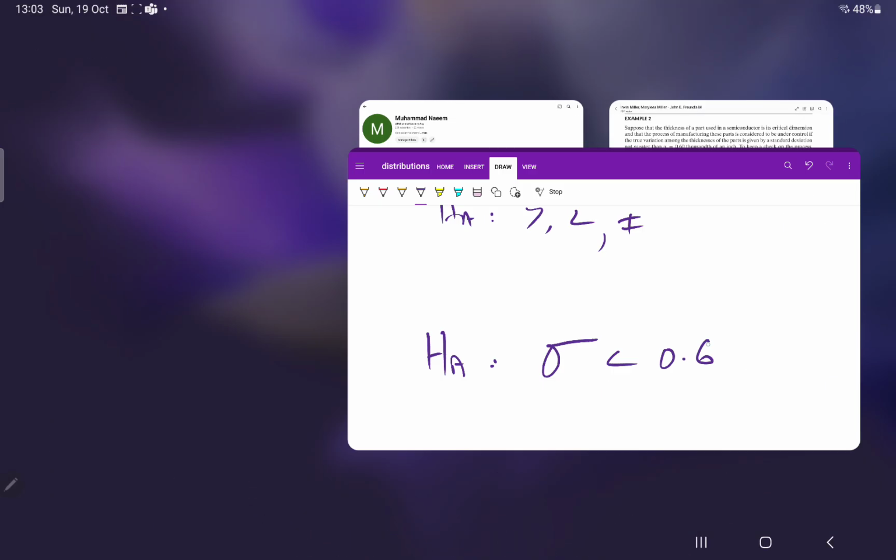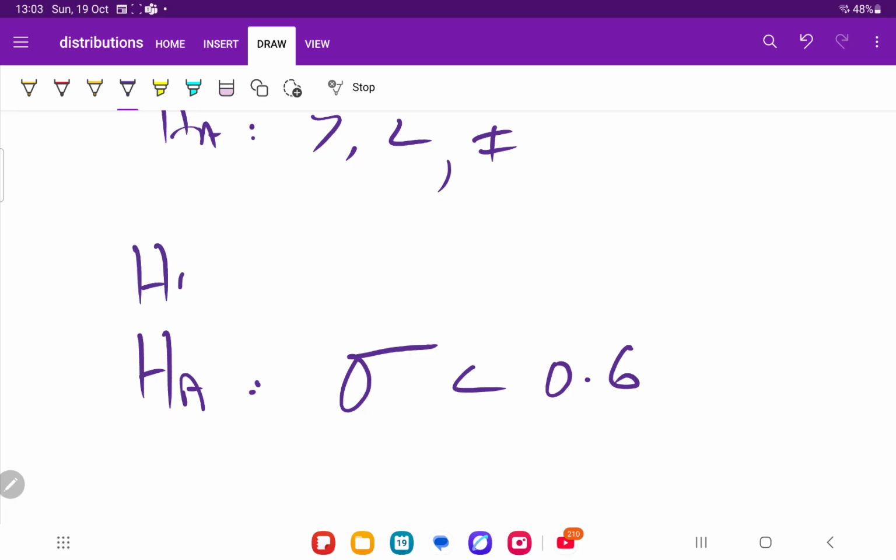So that is the alternative, and null should be sigma greater than or equal to 0.6. Okay. If we reject H naught, it means that our process is under control. If we do not reject H naught, it means our process is out of control. That is the meaning of it.